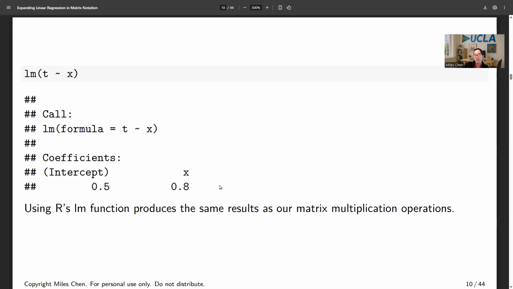R's lm function, which we can use to estimate linear models, does a different set of operations, but again, it has the same goal of minimizing our sum of squared errors, and so it's no surprise that we get the same results here.